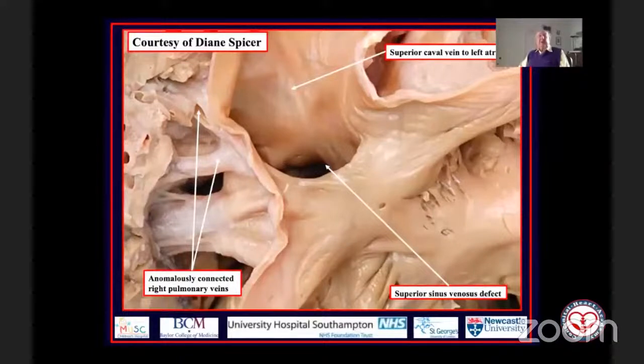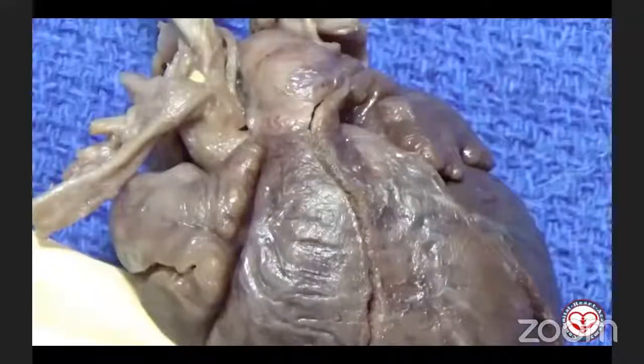And this is the heart that I've learned a great deal about during the preparation for this particular session. In this first video, Diane is going to show you this heart, and she is going to concentrate on the way that the right superior caval vein is entering the morphologically left atrium.